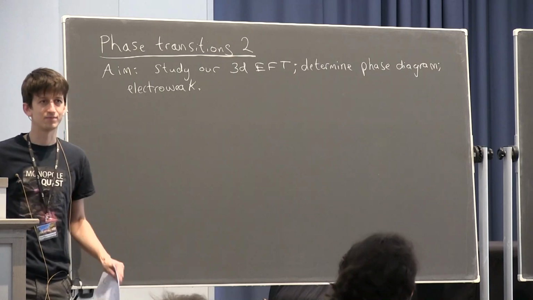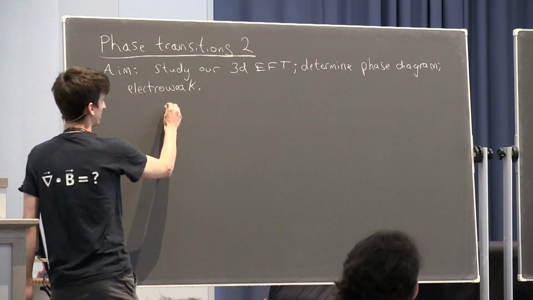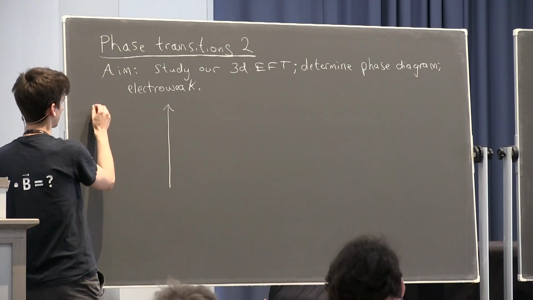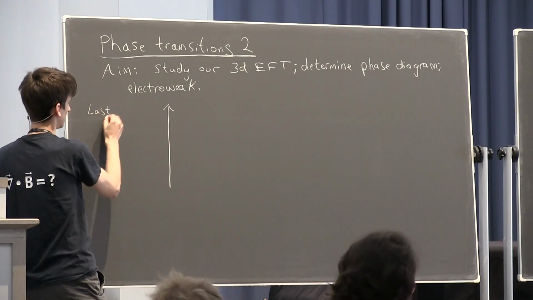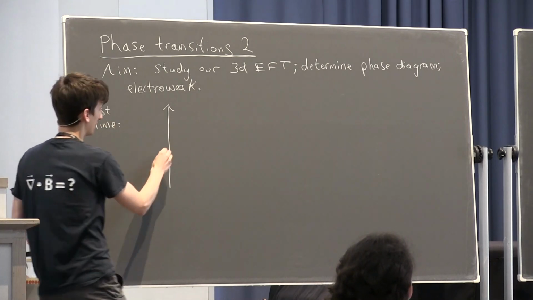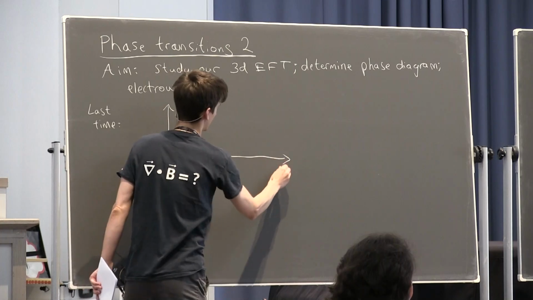So last time we found this effective field theory for our abelian Higgs model, and it had a phase diagram. I didn't actually draw this phase diagram last time, but we kind of saw it.